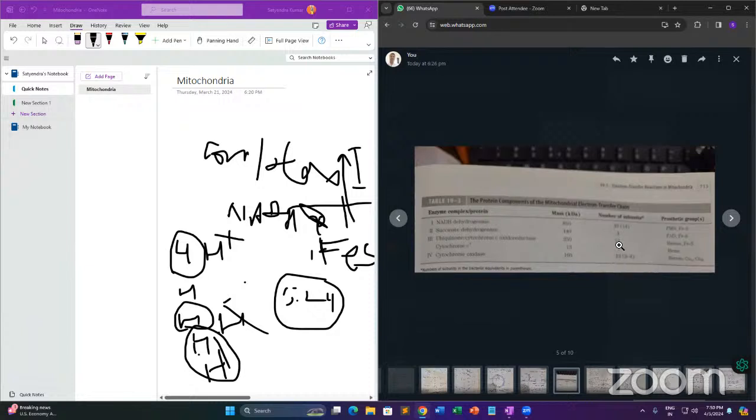So that is 7, 3, 2, or 1. In total, 13 polypeptide chains are synthesized on the mitochondrial genome.